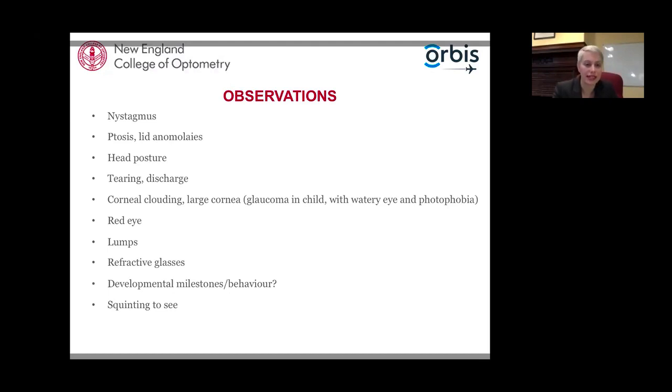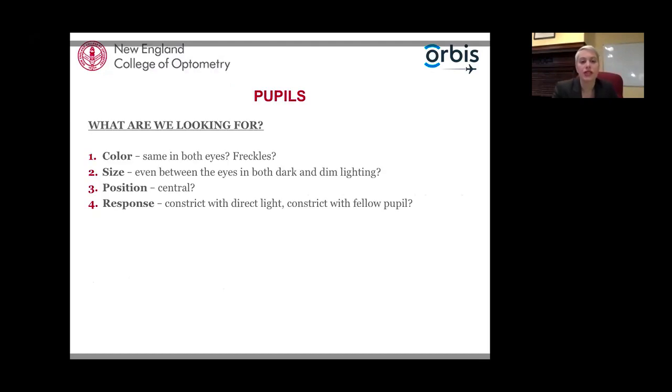Included in these observations, you could also include pupils to a small extent if the examiner is just a layperson who has been trained. So if you don't want to put too much pressure on them, you can ask them if the color between the two irises are the same.